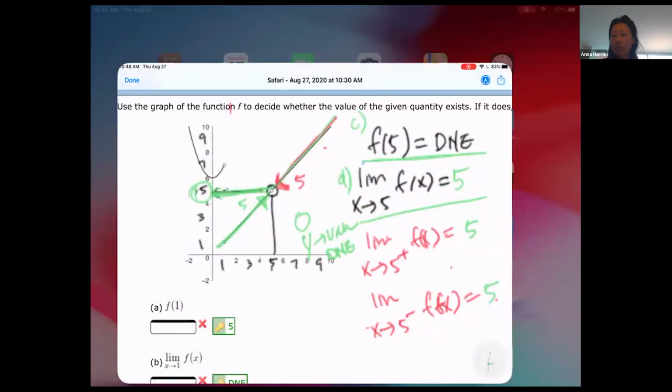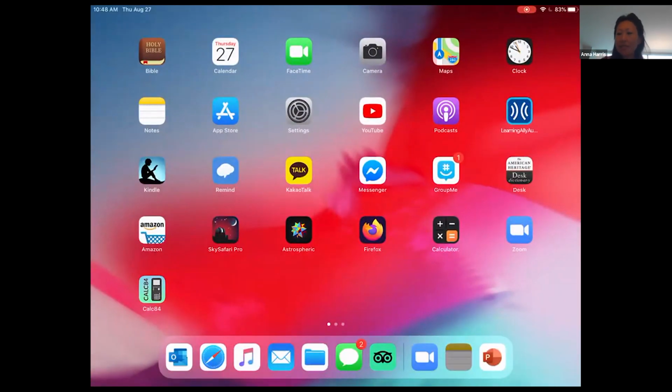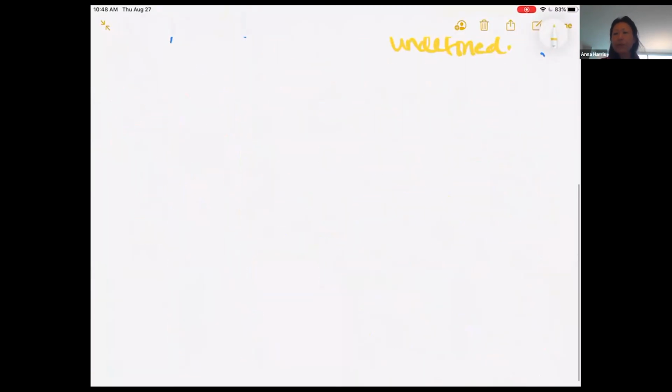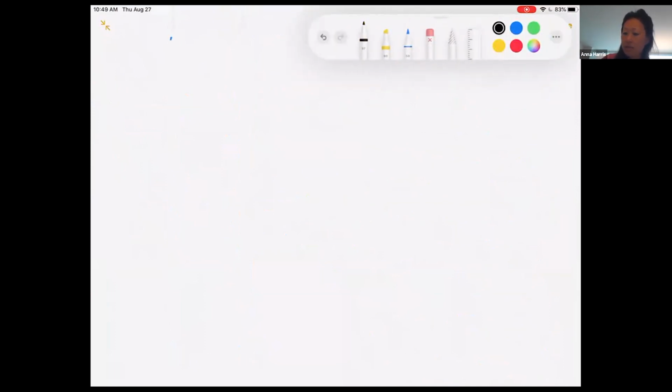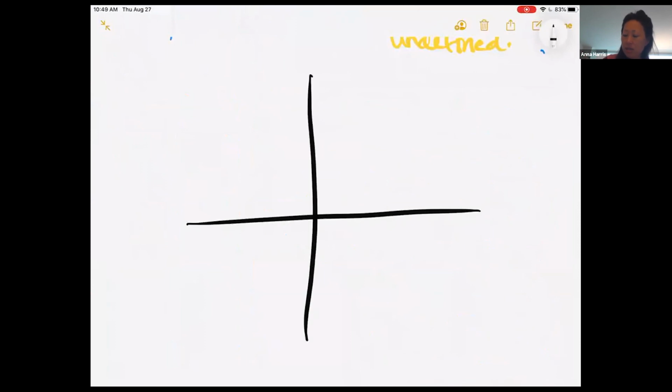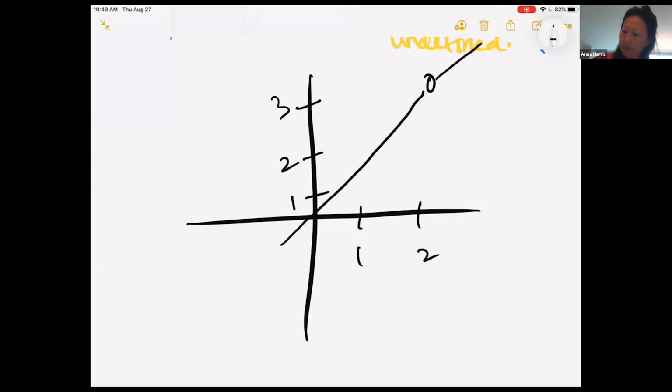Okay, let me just make sure I do that on a plain paper. Okay, look at this graph. Okay, this is my graph.